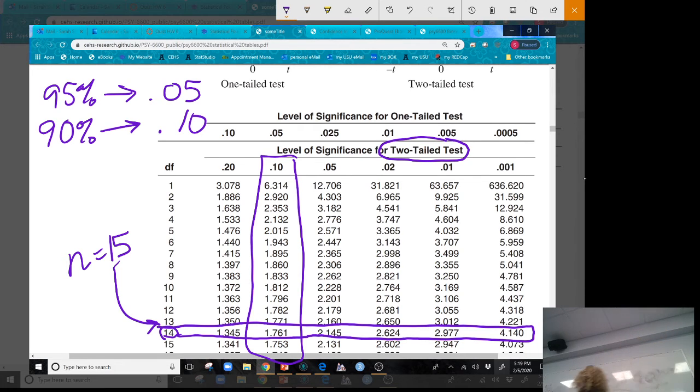So if we're doing a 90% T confidence interval with sample size of 15, then we do the two tails, alpha equals 0.10, degrees of freedom equal 14, and that on the table tells us our T critical value needs to be 1.761.